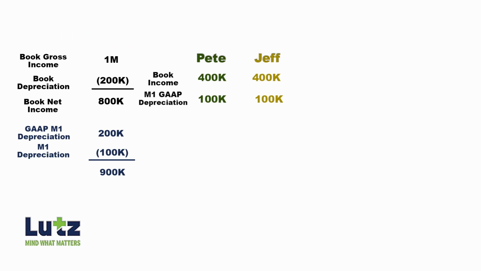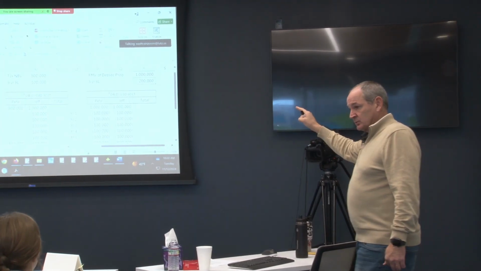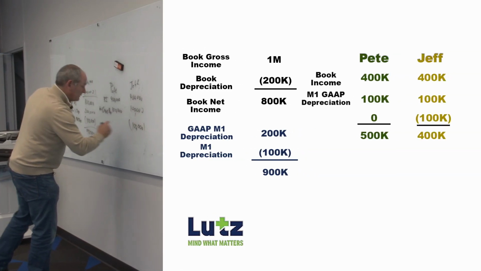Okay, so we know our tax depreciation is 100. And we've done our analysis as to who that depreciation should go to, haven't we? And who does it go to? Jeff. How much goes to Pete?